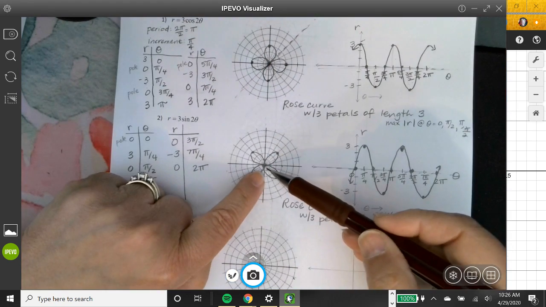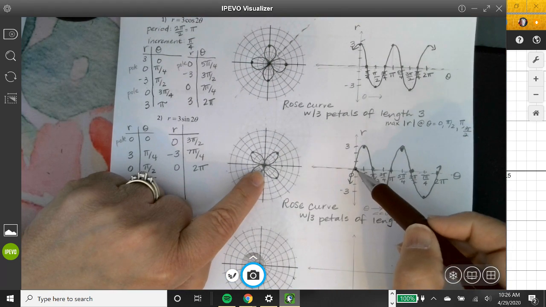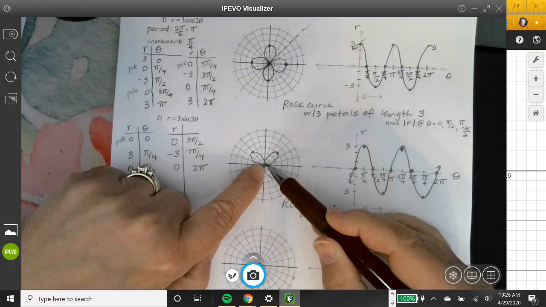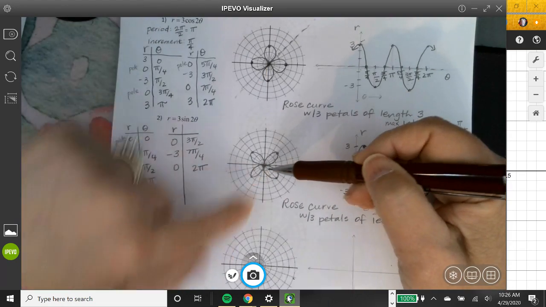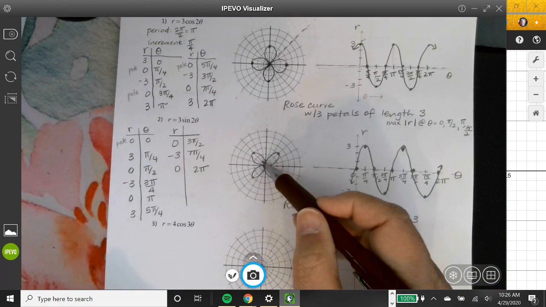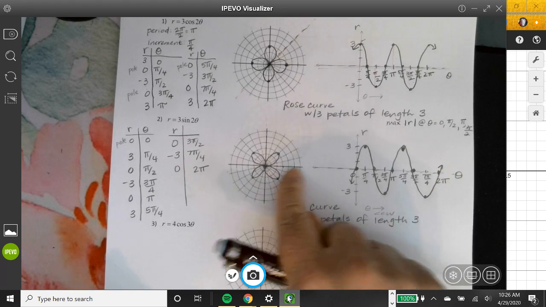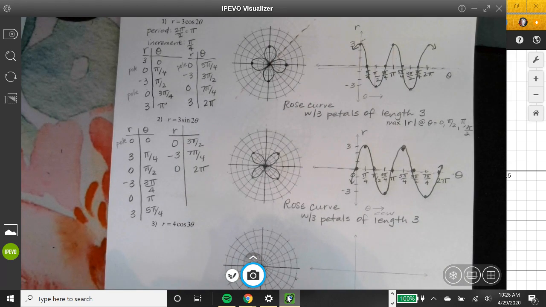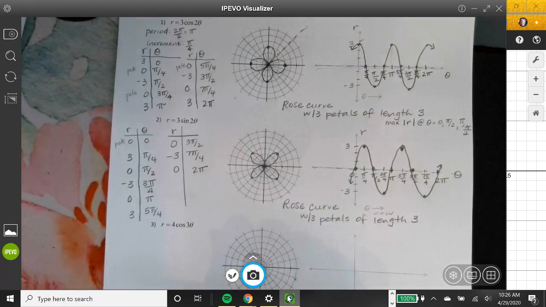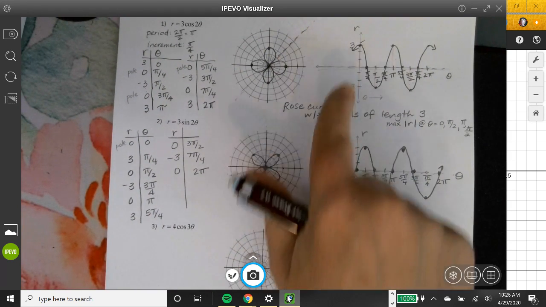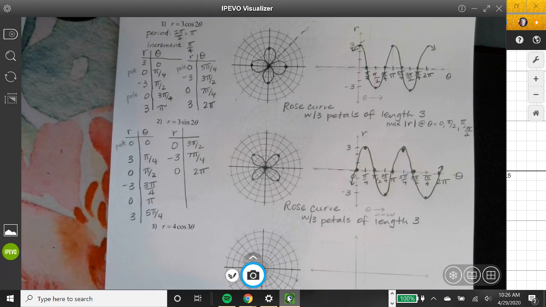This sine curve started on the pole. So all of the leaves are not on any of the axes there. But here they are. So that's interesting, right? So remember, if sine starts on the pole, cosine starts off the pole.